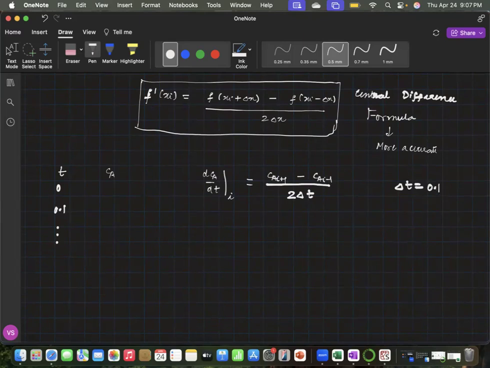delta t for our problem is 0.1. Now, in order to evaluate the derivative at time t equals 0, if we are using the central difference formula, we would need a point behind this. So we'll need a point at minus 0.1, but we don't really have that. So when you have to evaluate a point at the boundary, like over here, this is the boundary of time, people do two things.